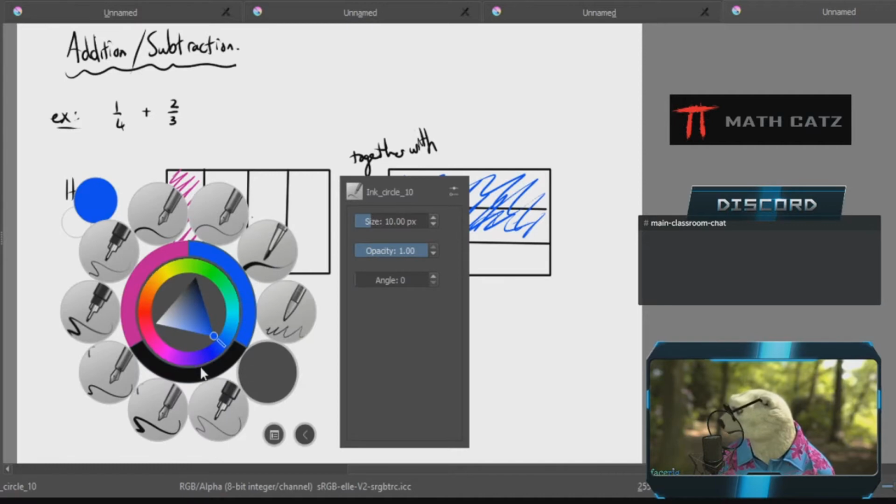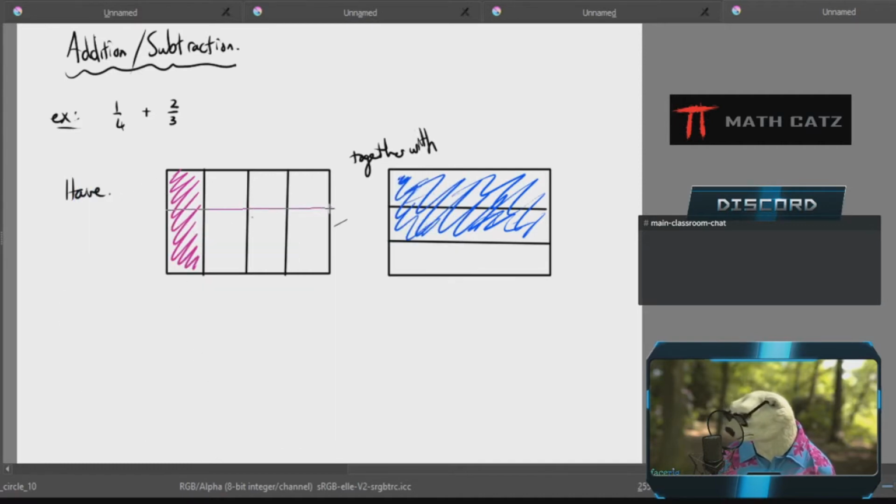Oops, I'm blue, don't be blue. And this way. And here really is the thing. As soon as we do that, what have we done? What have we done when we use the other denominator and split it up in the first rectangle?